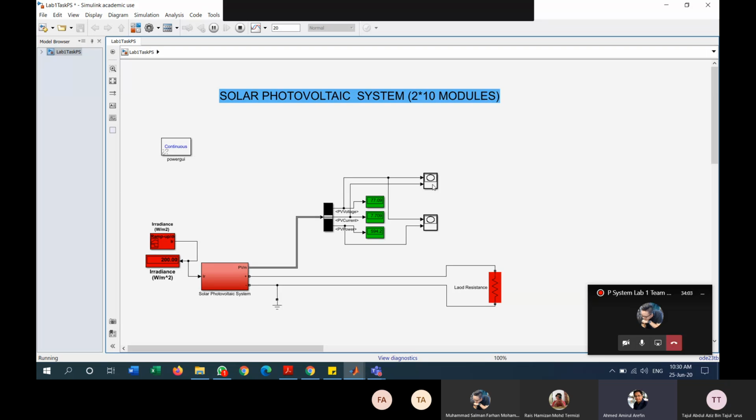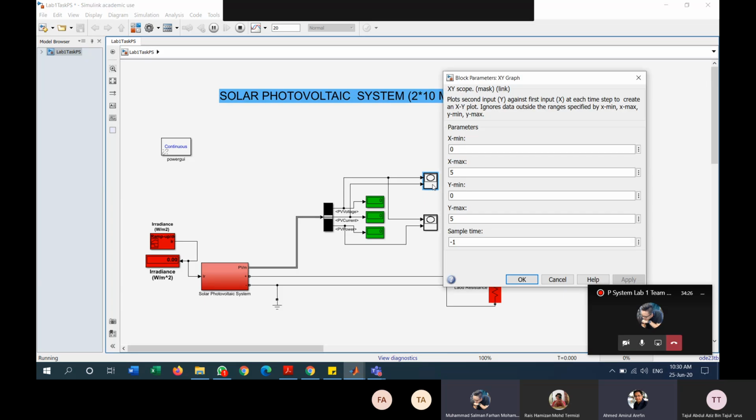Still running. Anyone complete the simulation? Mine says it's not compatible, sir. It needs the 2018B version. Okay. Have you completed?